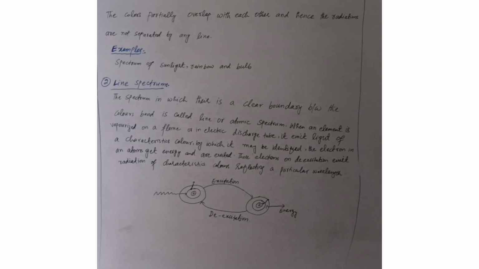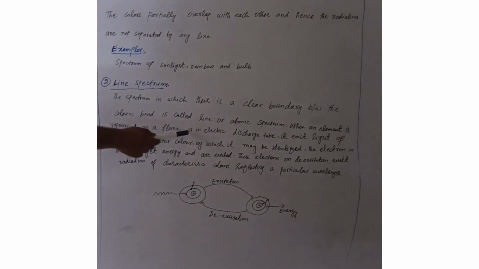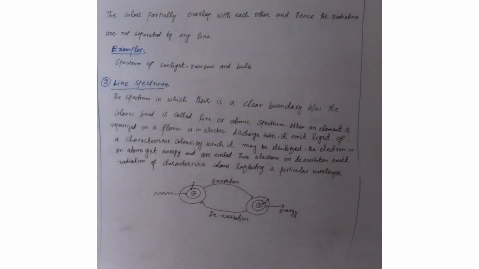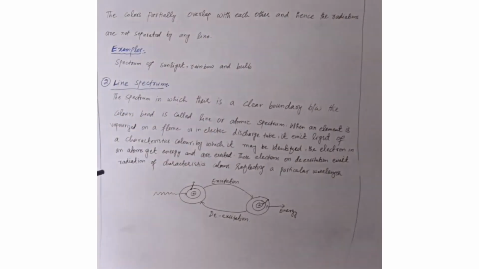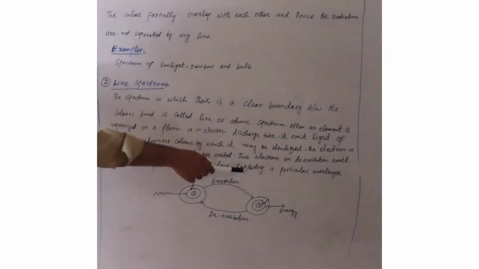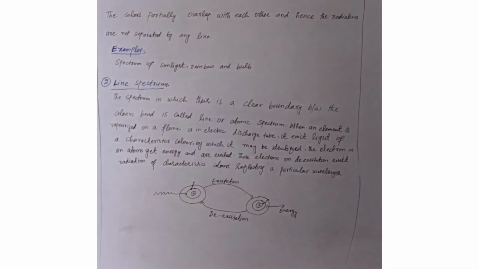For example, when an element is vaporized in a flame or an electric discharge tube, it emits light of characteristic colors by which it may be identified. The electrons in an atom get energy and are excited. These electrons can be de-excited, emitting radiation of characteristic color reflecting a particular wavelength.